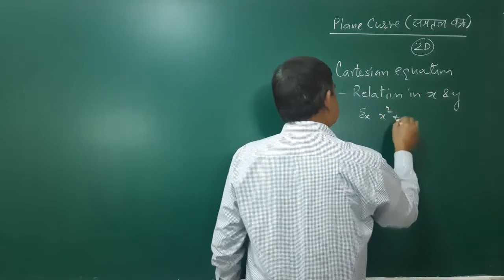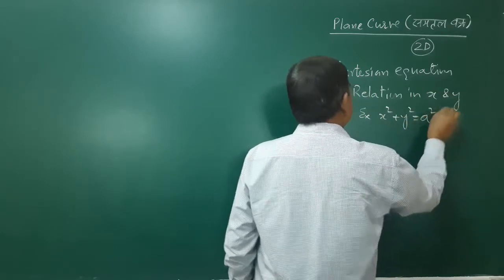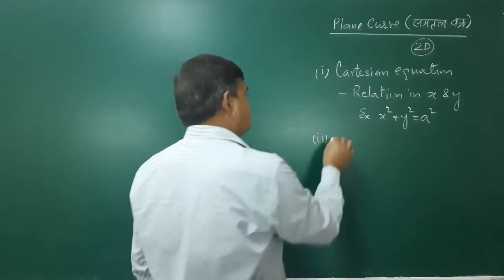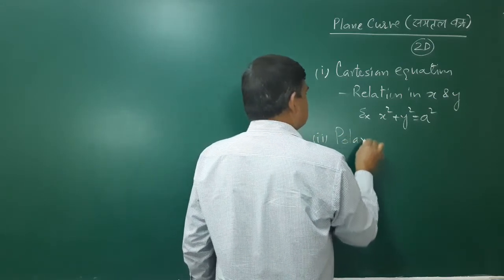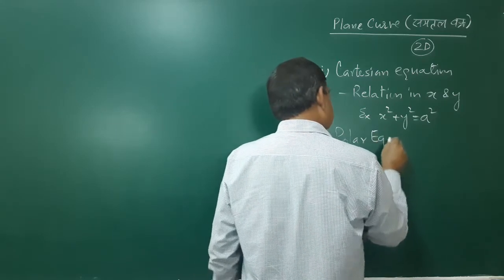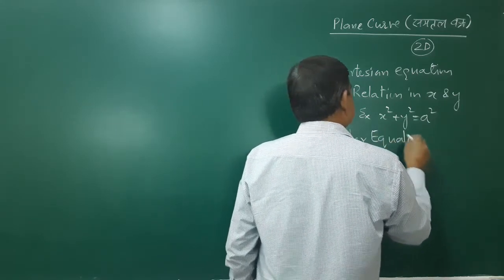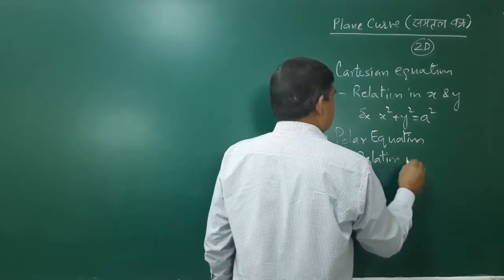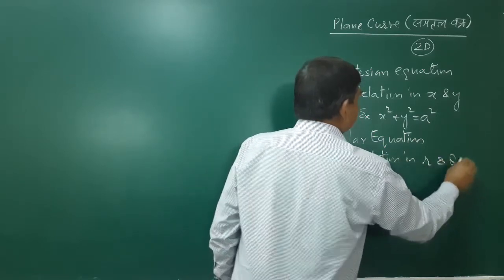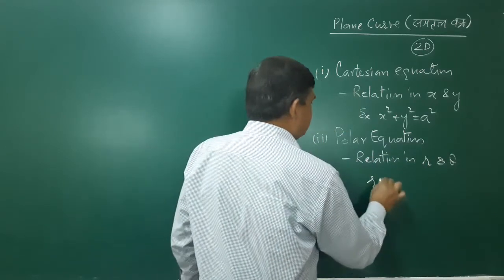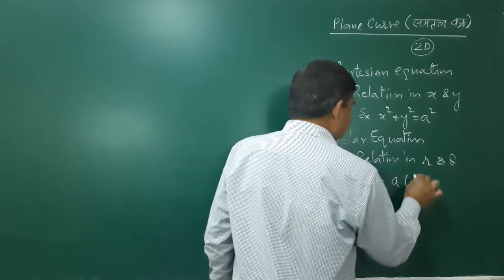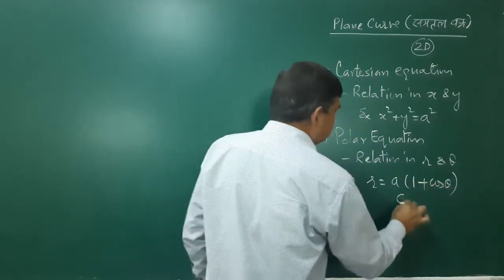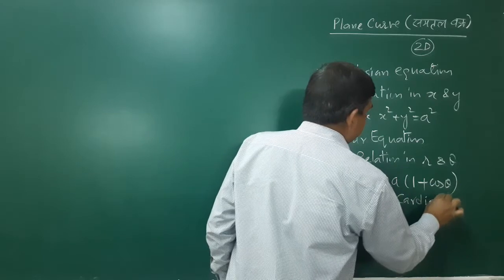Example, very popular, circle. Polar equation: a relation in r and theta. r equals a times 1 minus cos theta or 1 plus cos theta, whatever. This is a cardioid.